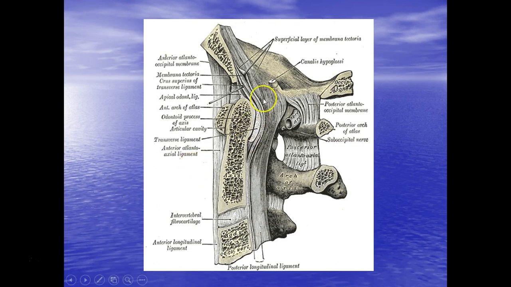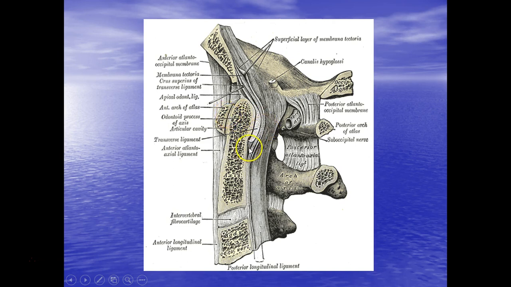Okay, and this diagram's getting a little bit old hat at this point, but the transverse ligament, again, this is the odontoid, the anterior arch of atlas here, the posterior arch back here, and the transverse ligament is this thick, sort of whitish colored structure, running immediately behind the odontoid process, and it serves to hold the odontoid or the dens against the anterior arch of atlas.